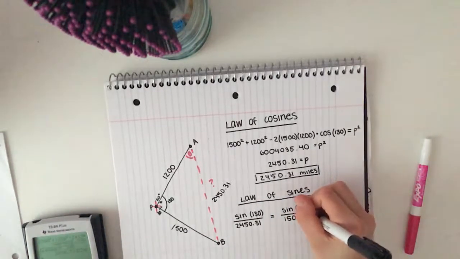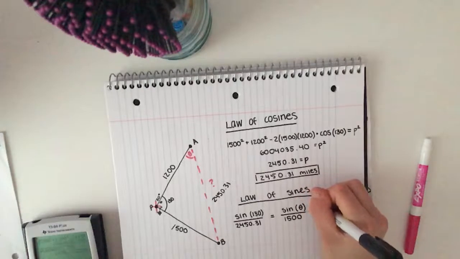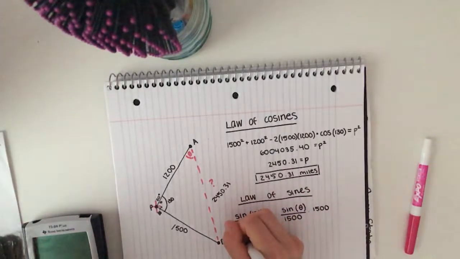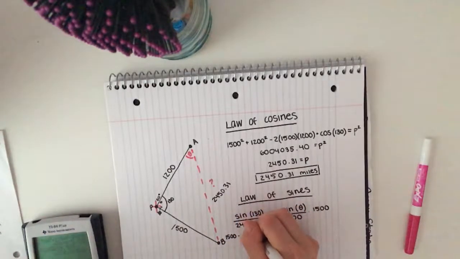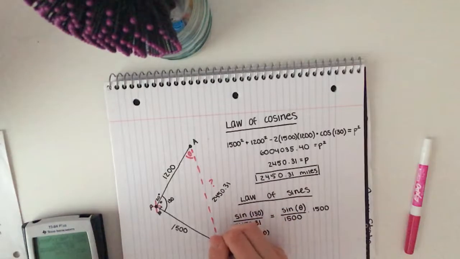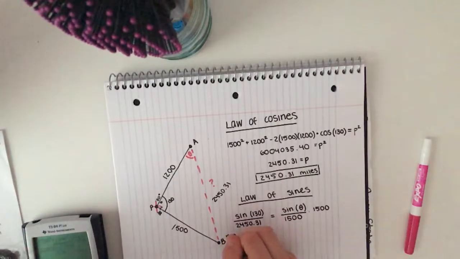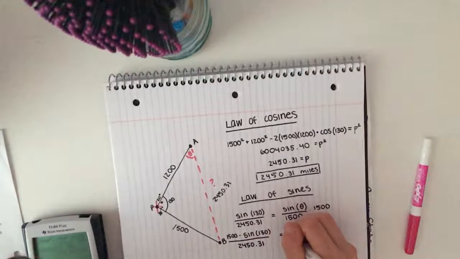Now we can multiply by 1,500, and so it'll be 1,500 times the sine of 130 all over 2,450.31, and that'll equal the sine of theta.